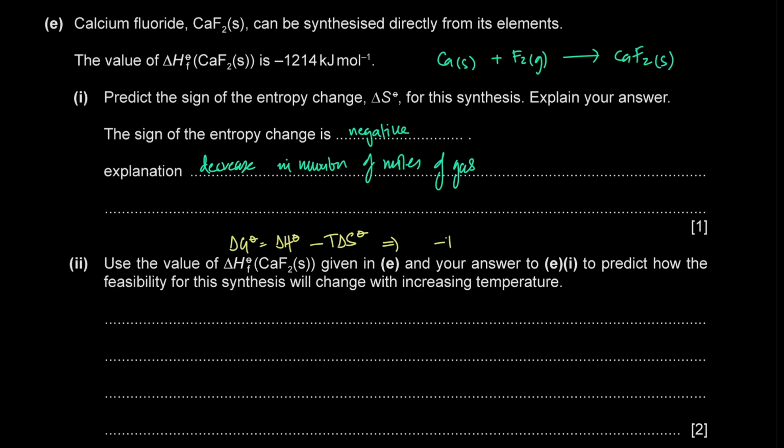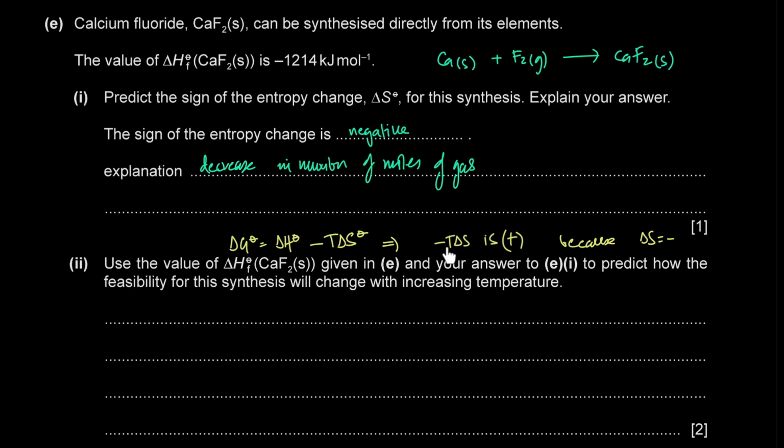Now, minus T delta S over here is positive. The reason why it's positive is because entropy change itself is negative. Because the entropy change is negative, T delta S is negative because temperature will always be positive. So if delta S is negative, T delta S is negative. That means minus T delta S is positive.